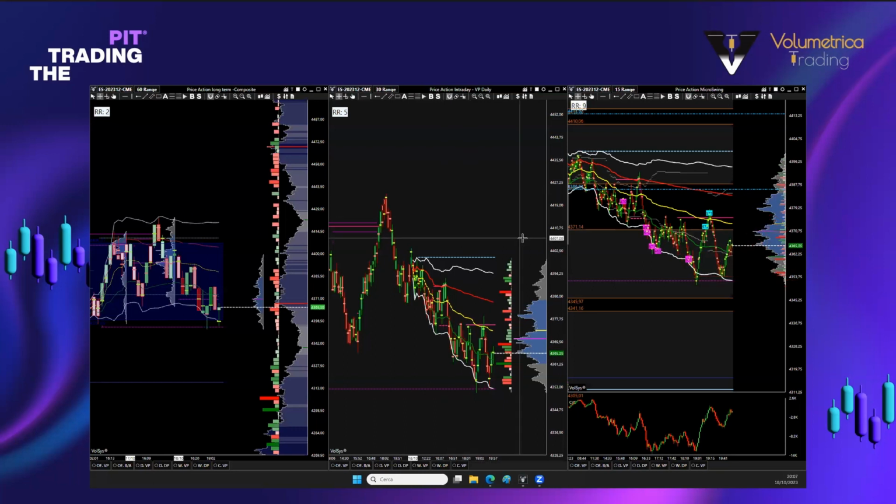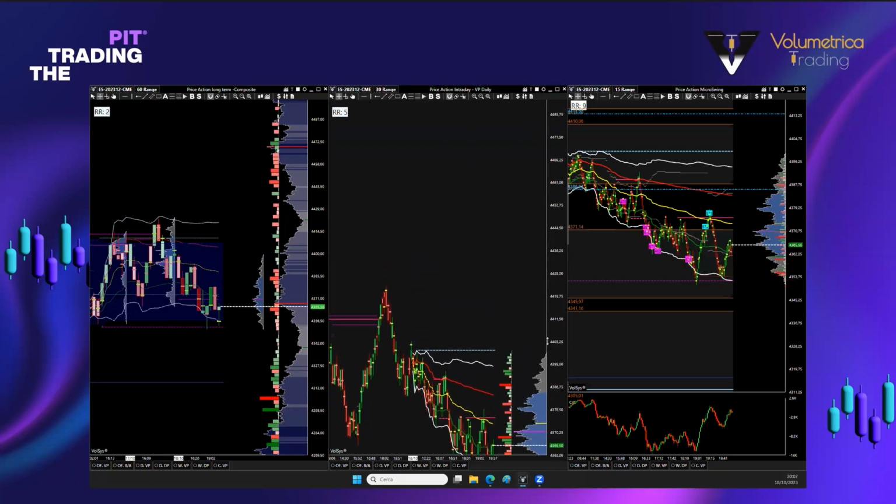Just to keep things simple, I would say absorption and exhaustion are both order flow events likely to lead to a price turn.